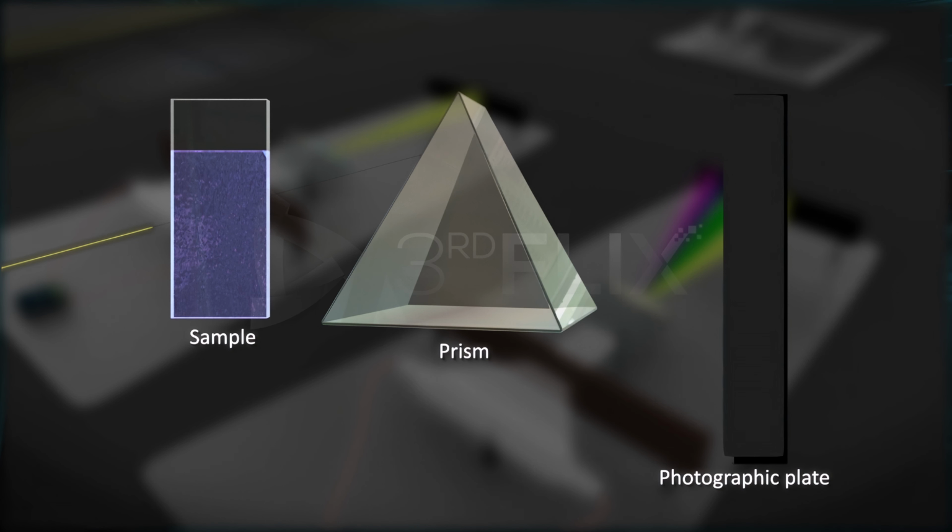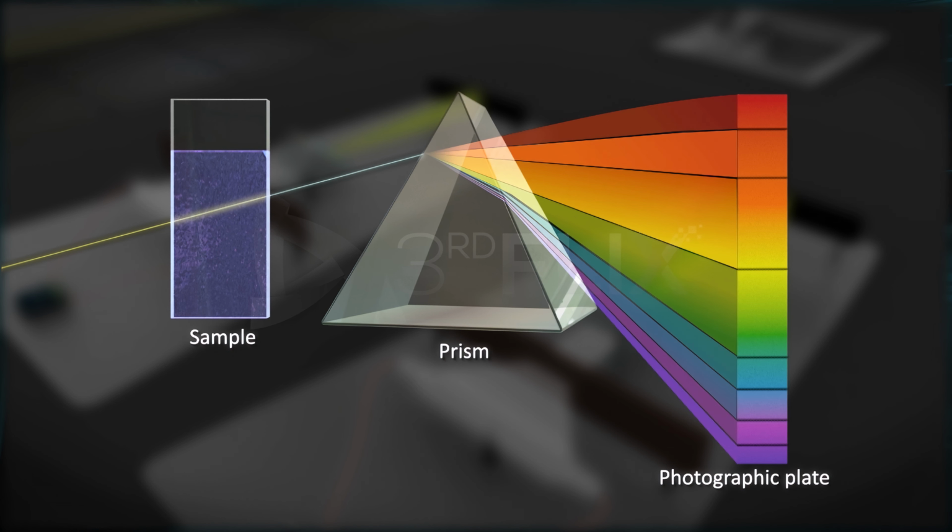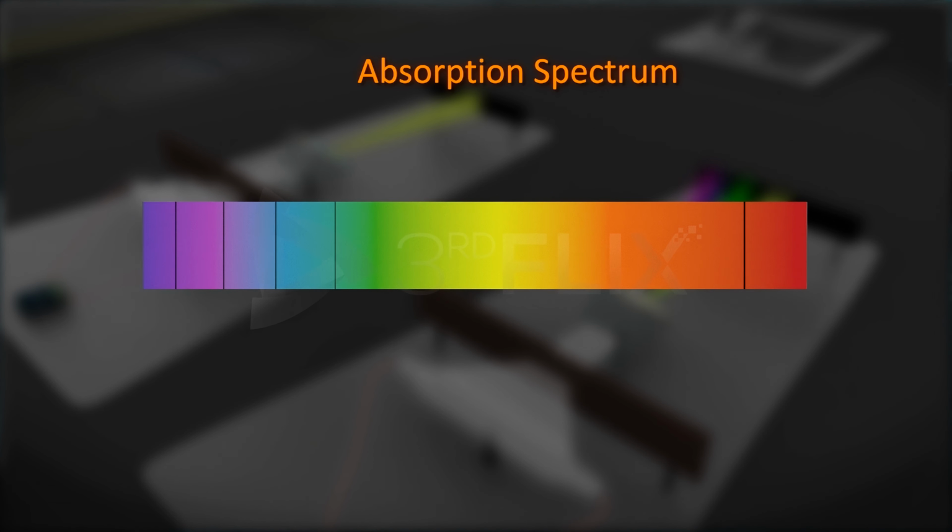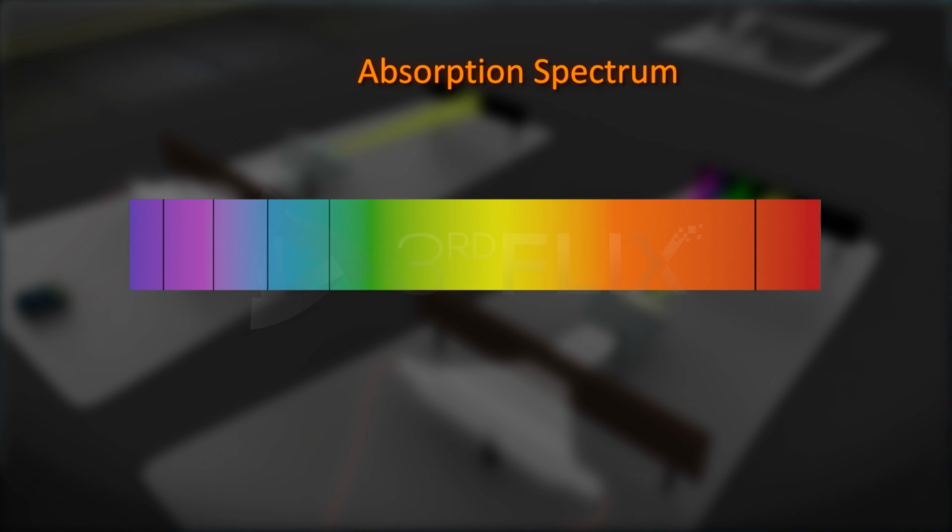A photographic negative of the emission spectrum is known as the absorption spectrum. It is recorded by passing a continuum of radiation through a sample which absorbs radiation of certain wavelengths. The missing wavelengths correspond to the radiation absorbed by the matter, leaving dark spaces in the bright continuous spectrum.